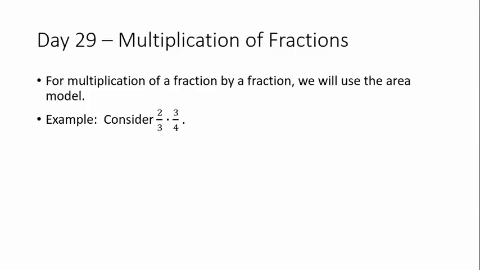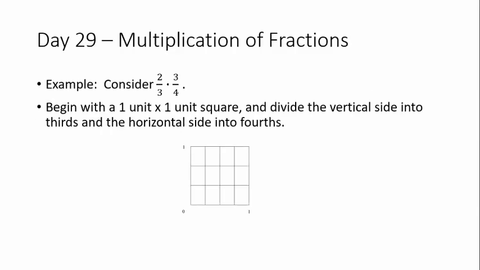Next, we'll move to multiplication of a fraction by a fraction. We will use the area model for this one. We're going to think about 2/3 times 3/4. I'm going to begin with a square that is 1 unit on each side. I'm multiplying 2/3 and 3/4. In that first fraction, the denominator is 3.